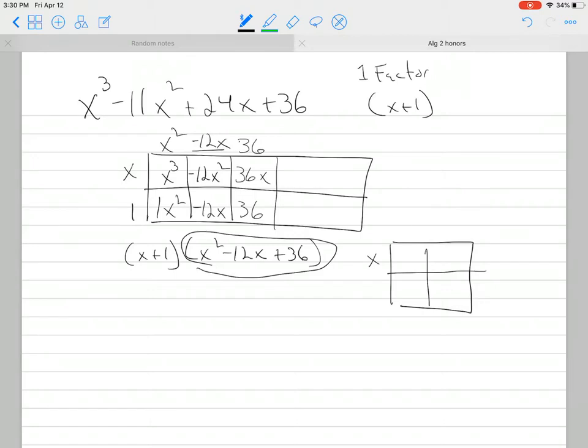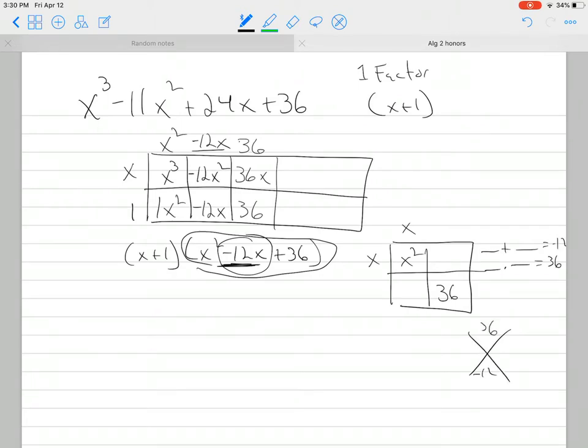And I'm gonna say, okay, this is x and x. I know this is x squared. I know this is 36. I know they need to add blank plus blank equals negative 12 because it's my middle term. And I know that they need to multiply blank times blank equals 36.